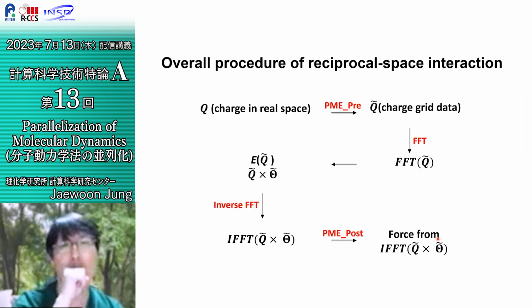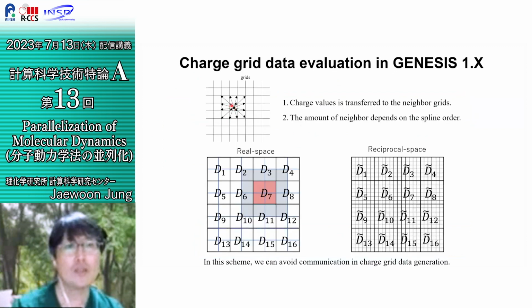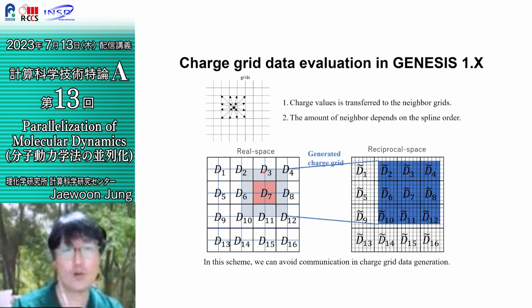And in the case of this reciprocal space interaction, if I just focus on this part, how to make charge on grid data. Basically, for a charged particle in real space, its charge values are distributed on these grid points.